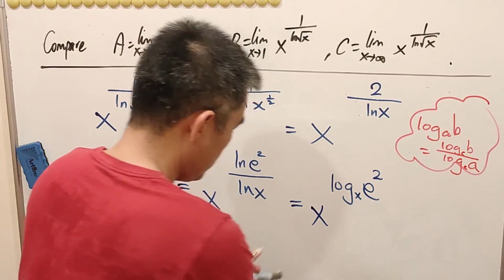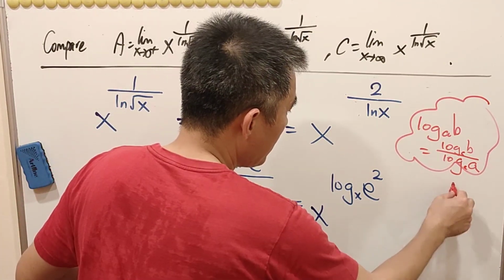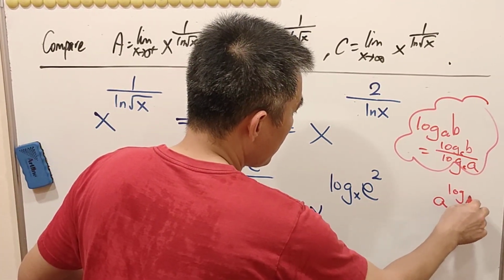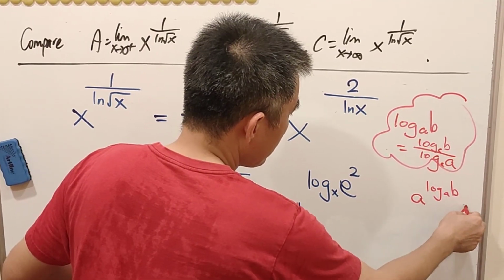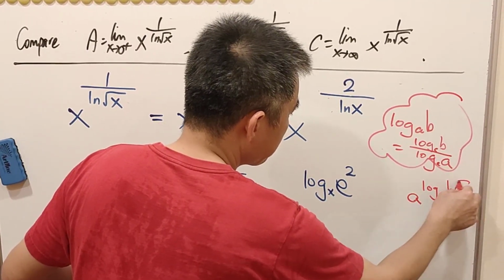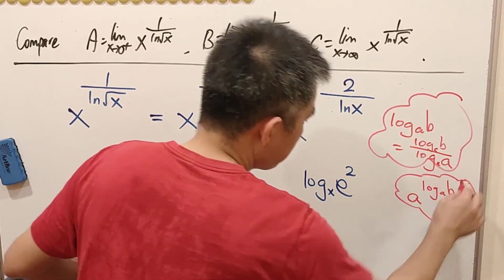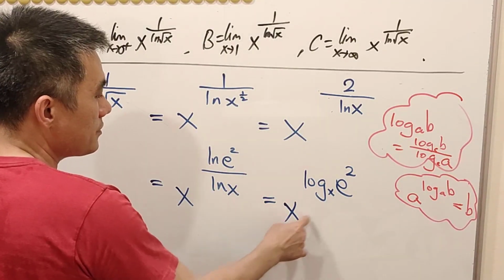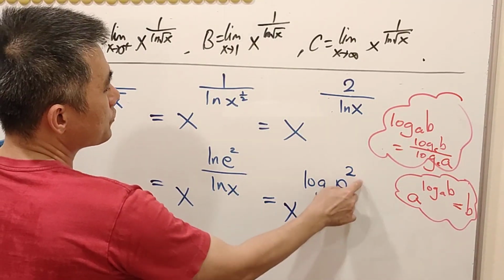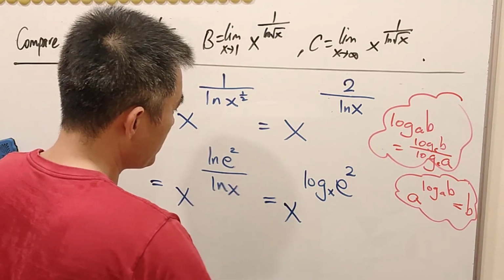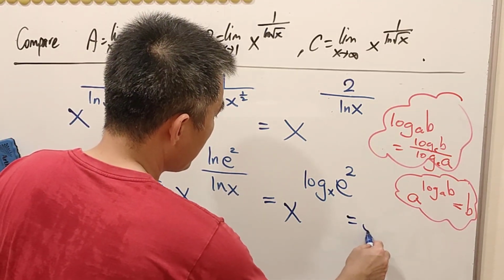And we also need to recall that a to the power of log_a b is actually equal to b. Now a is equal to x and b is equal to e squared, which means that this is always e squared.